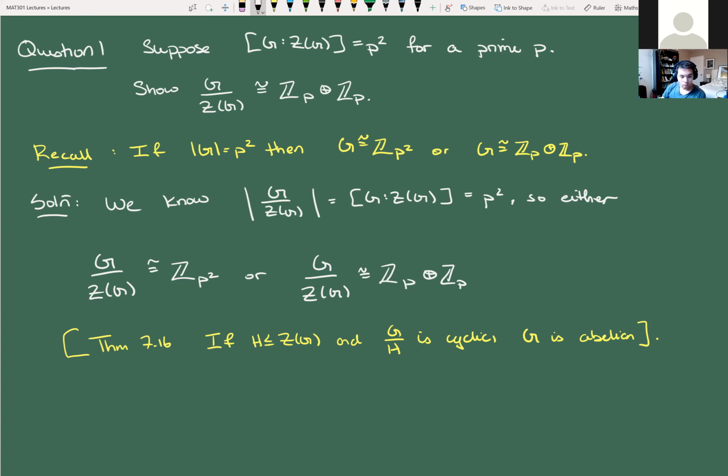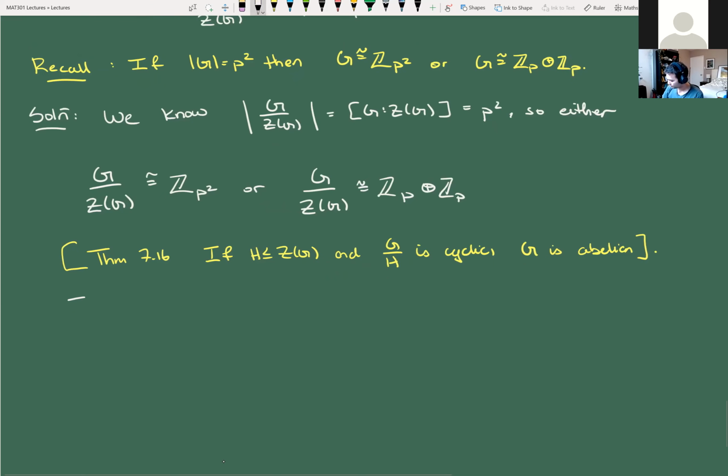So what that means is if G mod its center was isomorphic to Z_{p^2}, that's cyclic, so that implies G is abelian. But if G is abelian, its center is everything, right? That's what it means to be abelian, is that your center is everything.